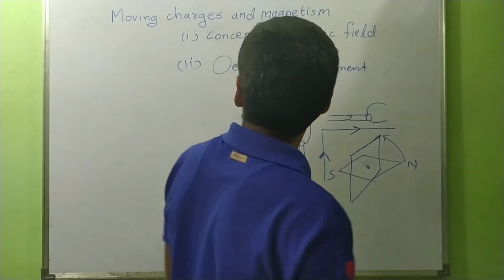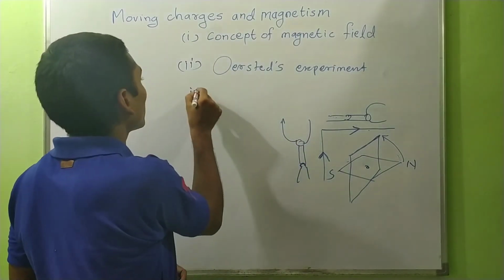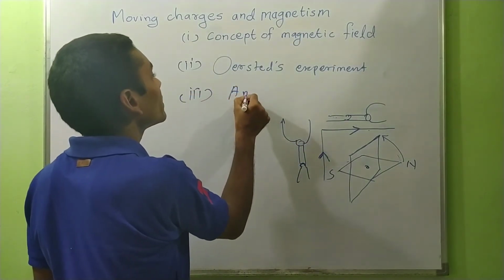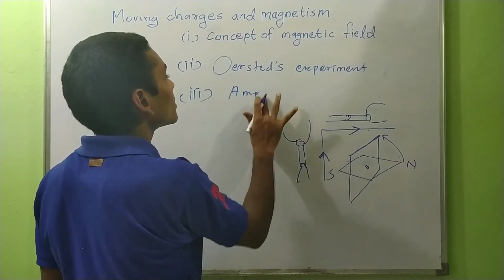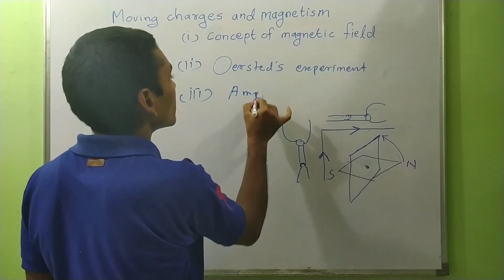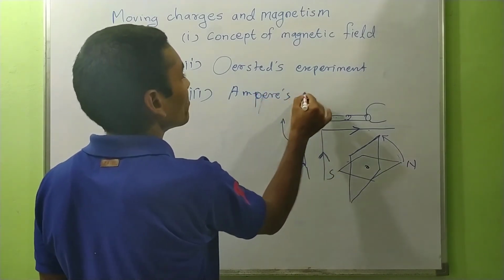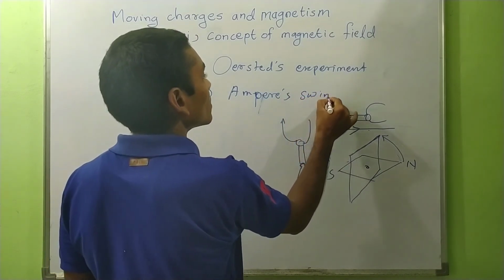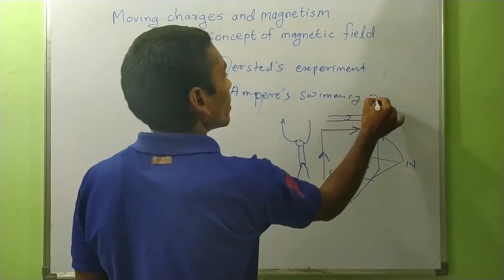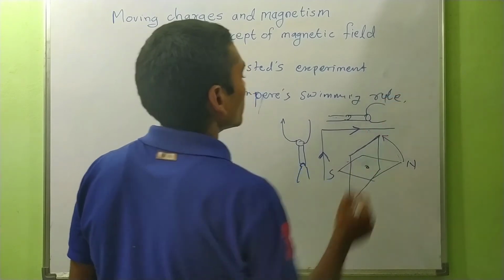So here third is Ampere's swimming rule.